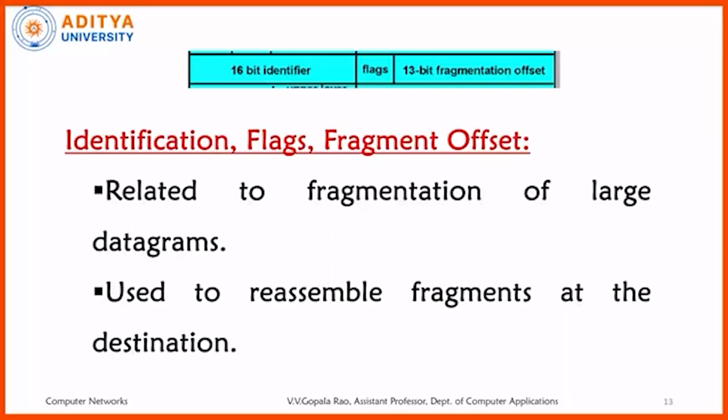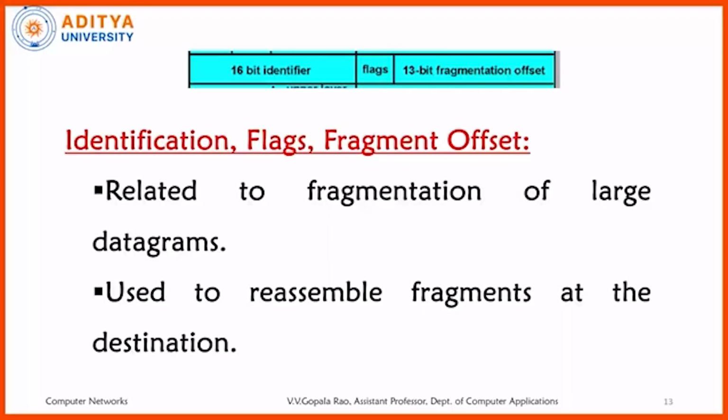The third bit may be 1 or 0. If it is 1, more fragments are there. If this MF, the more fragments bit, is 0, then it indicates that this is the last frame in the sequence. This is the information you can get.